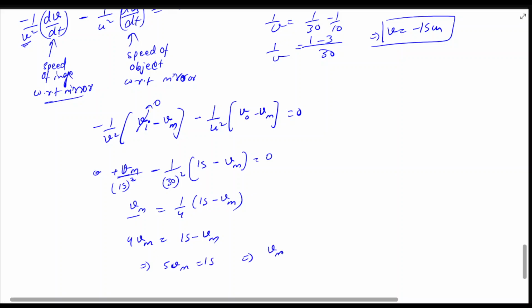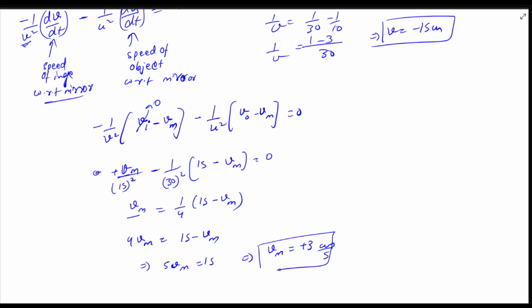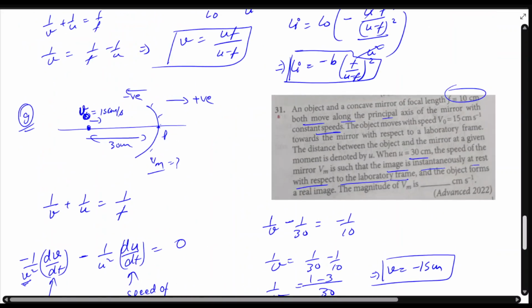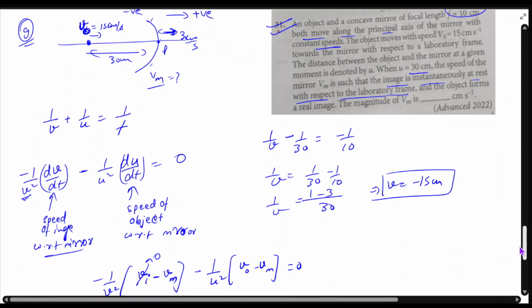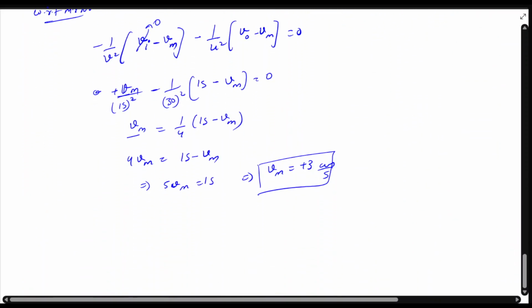So Vm will be plus 3 centimeter per second. So this mirror must be going like this with a speed of 3 centimeter per second, right? Again, quite an easy question, but the concept is very nice, right?